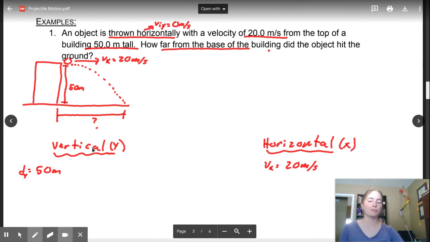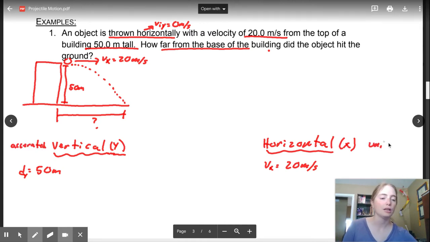Now, something else you could always write down here is, remember, vertical is accelerated motion, and horizontal is uniform motion. So that's going to change what information we have available and what we're going to use here. Okay, well, our question mark here, we've been asked to calculate how far from the base of the building. Well, that's our horizontal. So that is going to be our distance or displacement on the x. Okay, so that's what we're trying to find.